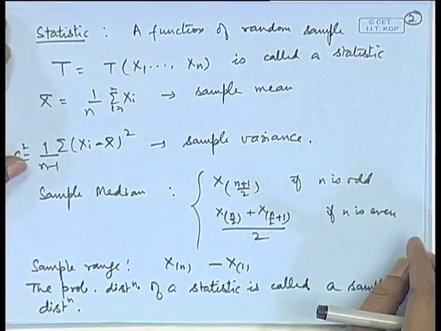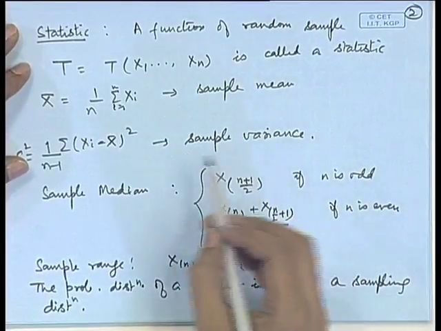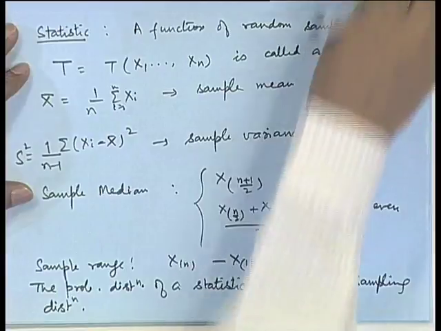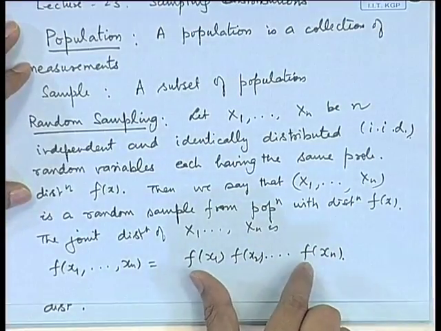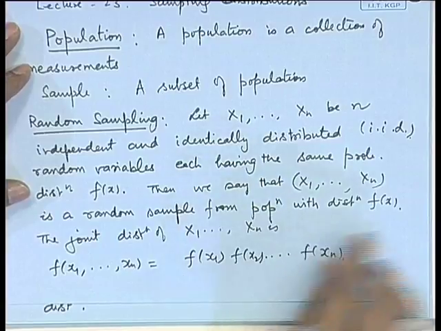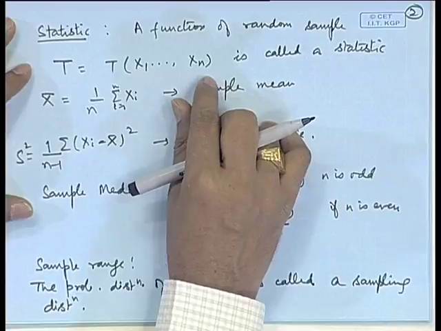Now, here the distribution of X1, X2, ..., Xn is known, so the joint distribution of the sample is known to us. If we consider any function T(X1, X2, ..., Xn), the derivation of the distribution relates to the techniques which we defined in the previous lecture for transformation of random vectors.